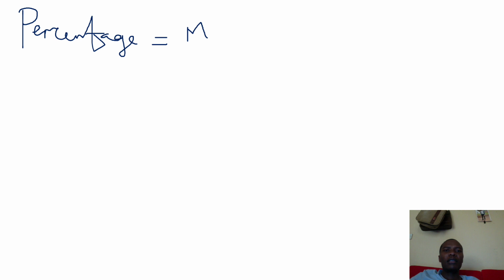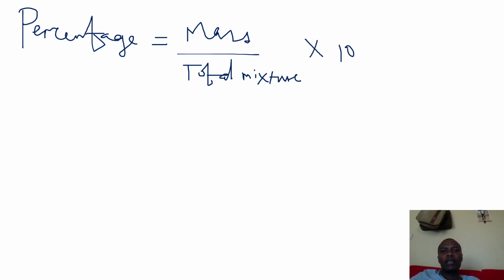We shall say that percentage of oxalates equals the mass of the oxalate out of the total mass of the mixture, and the whole of it is going to be multiplied by 100 because we are getting percentage.